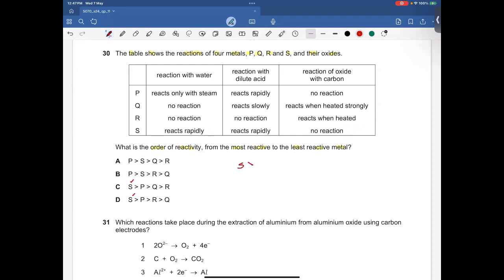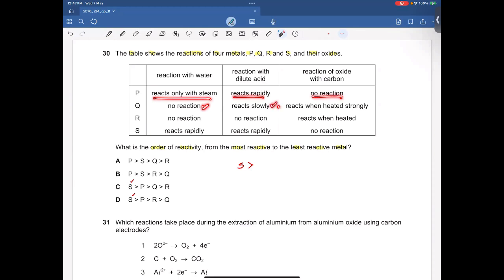Correct. Let's check which is less reactive than that. Reacts only with steam and reacts slowly, and there is no reaction, whereas Q has no reaction and reacts slowly.